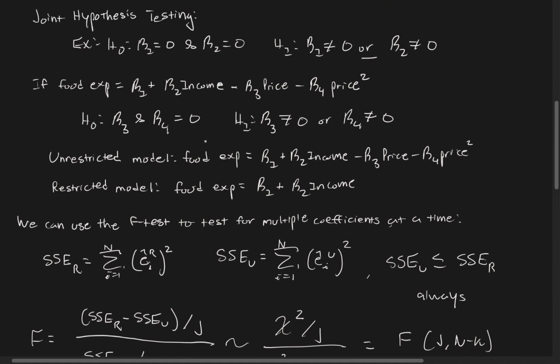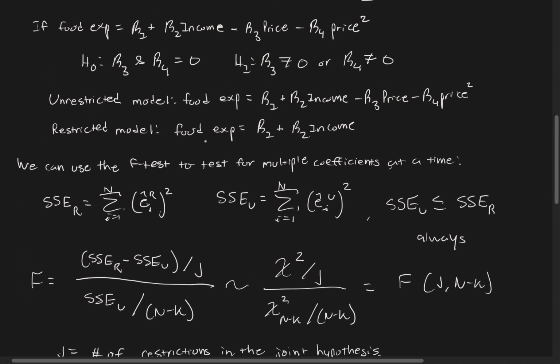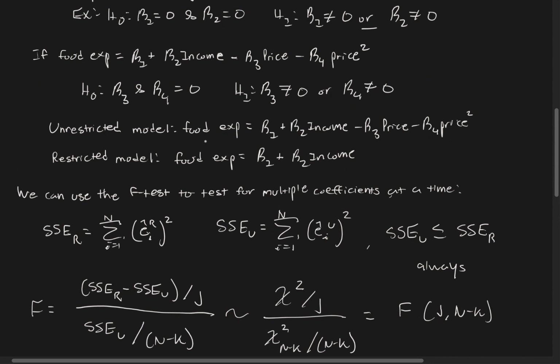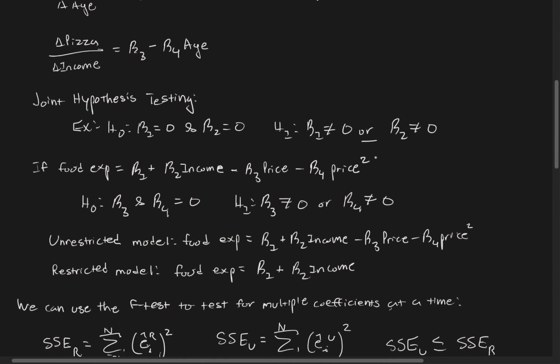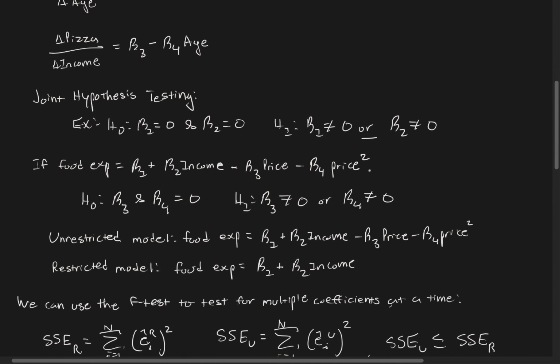And so what we do is we make two different models called the unrestricted and the restricted. In our unrestricted model, we usually reiterate the same model as what we were originally given: food expenditure, beta 1, beta 2, beta 3, beta 4.